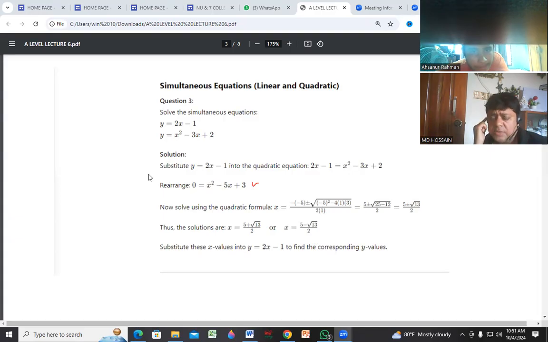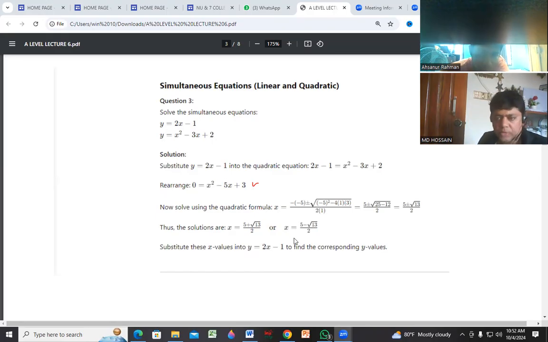Because when you get this type of equation, where the question is telling you the value of one variable, like y equal to this, p equal to this, q equal to this, and when there is only one equation, we use b squared minus 4ac. The discrimination between the uses of b squared minus 4ac and minus b plus minus root of b squared minus 4ac divided by twice a is clear now, right?